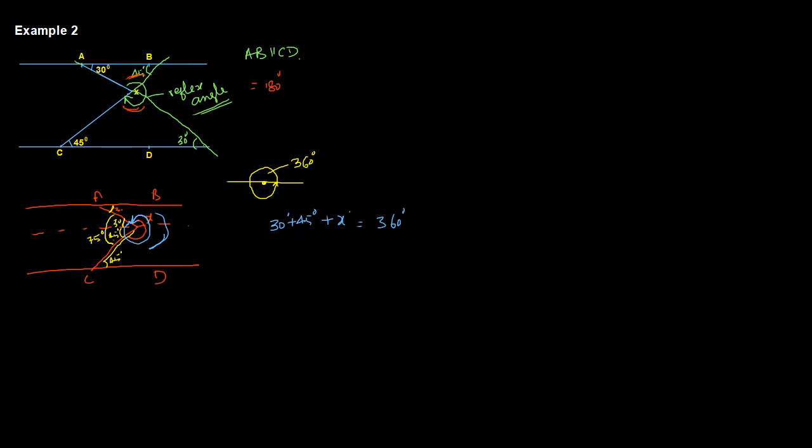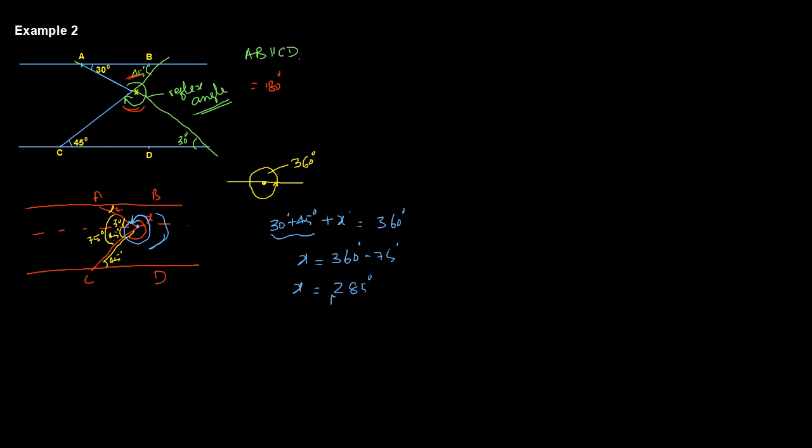Angle made at a point in one full round is equal to 360. So now x is equal to, if I transpose this, 360 minus 75. That will be 285 degrees.